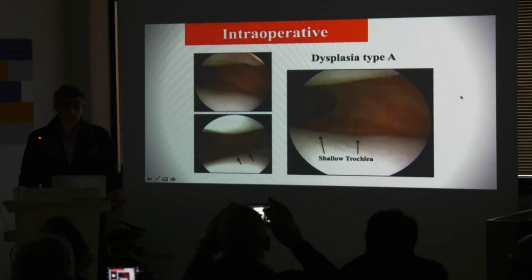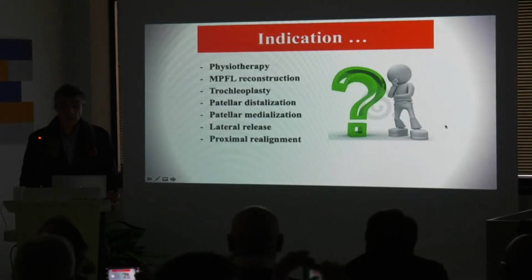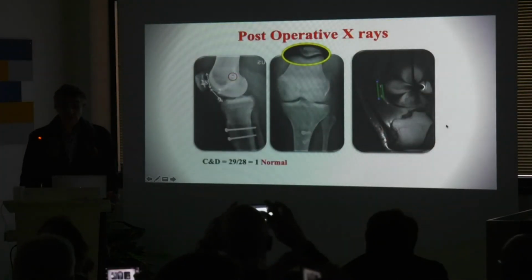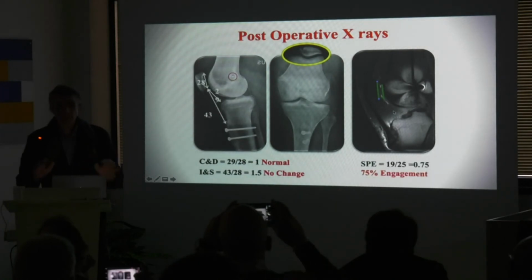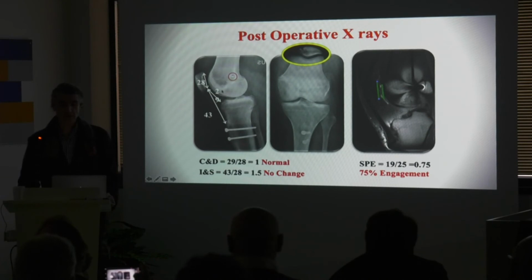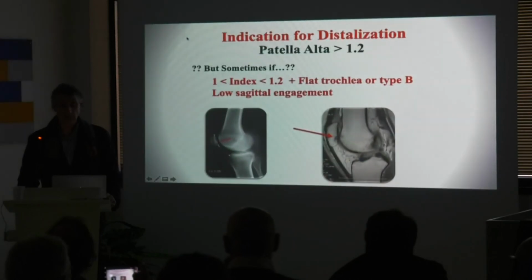So what to do with this patient? You see the shallow trochlea. It would definitely be to do a mild distalization, 5 mm, to correct this functional patella alta. I call that the functional patella alta, and it works so well.